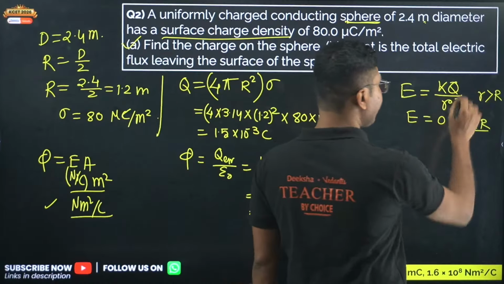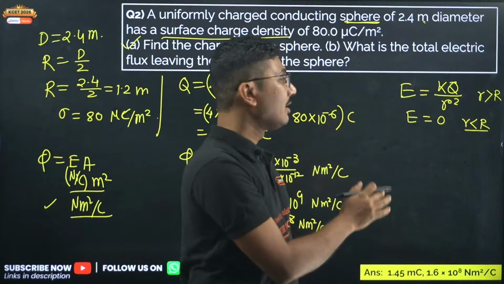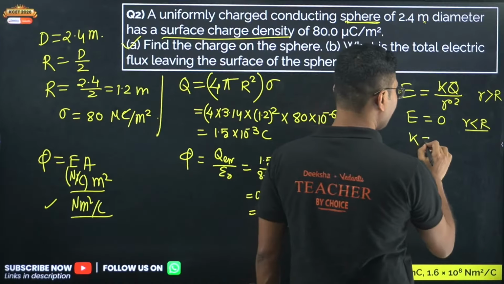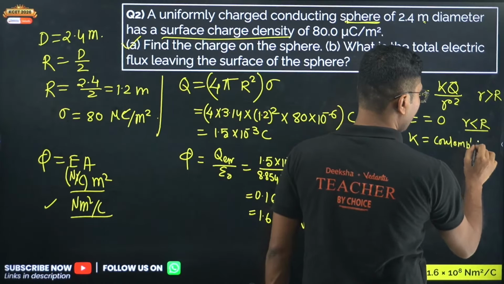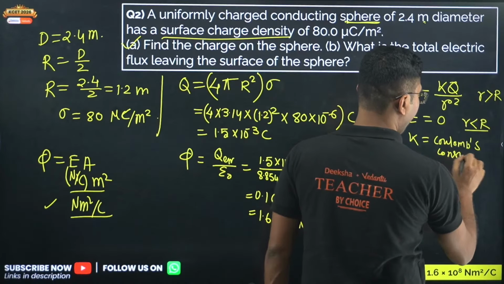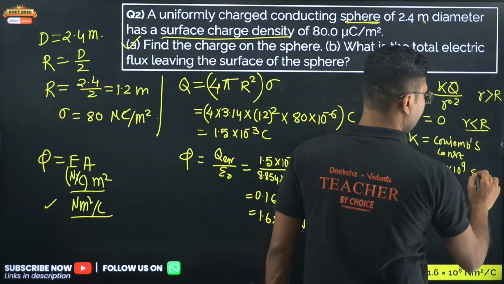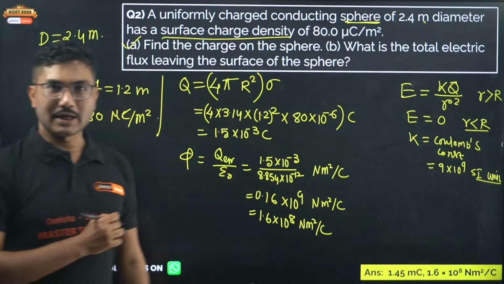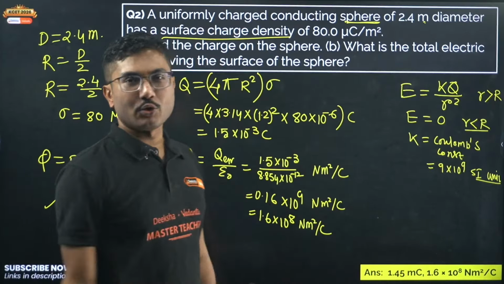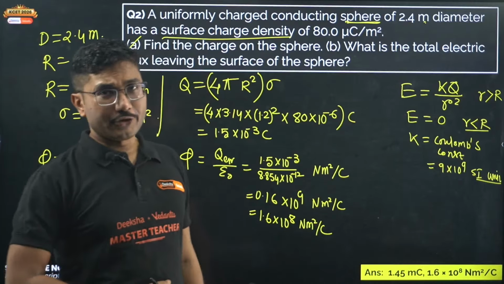Okay, if you are solving the question like this, you mention K equals Coulomb constant equals 9 into 10 to the power of 9 SI unit. Okay, if you do that, you will get full marks. Otherwise, you can write 1 by 4 pi epsilon naught, and then put 1 by 4 pi epsilon naught is equal to 9 into 10 to the power of 9.